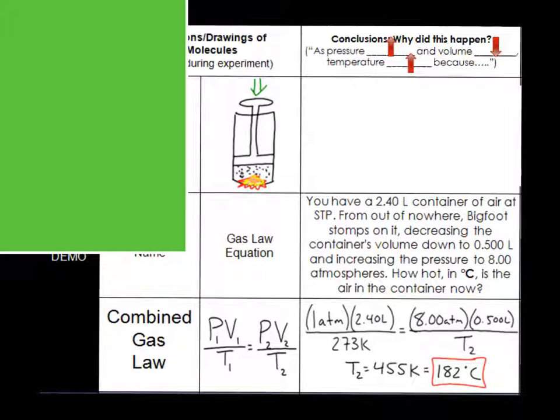To solve this problem then, what we need to do is take 8.0 times 0.50 and cross multiply that with 273. So we'll take 8.0 times 0.500 times 273, and then we are going to divide by 2.40 and divide by 1 to get our final temperature. And that's going to give us a temperature in Kelvin. So we're going to get 455 Kelvin. And if we convert that back to Celsius, we'd find out that the container gets pretty darn hot. It's all the way up to 182 degrees Celsius.